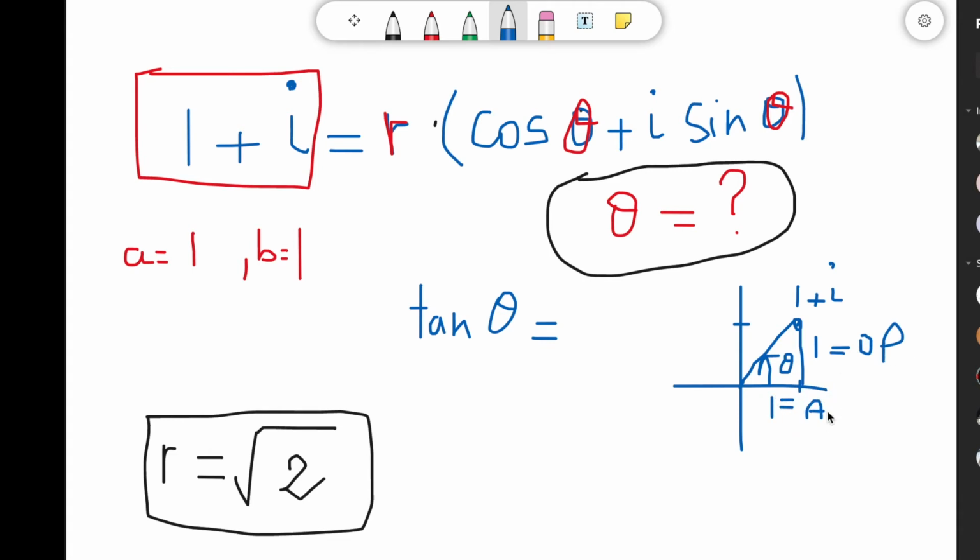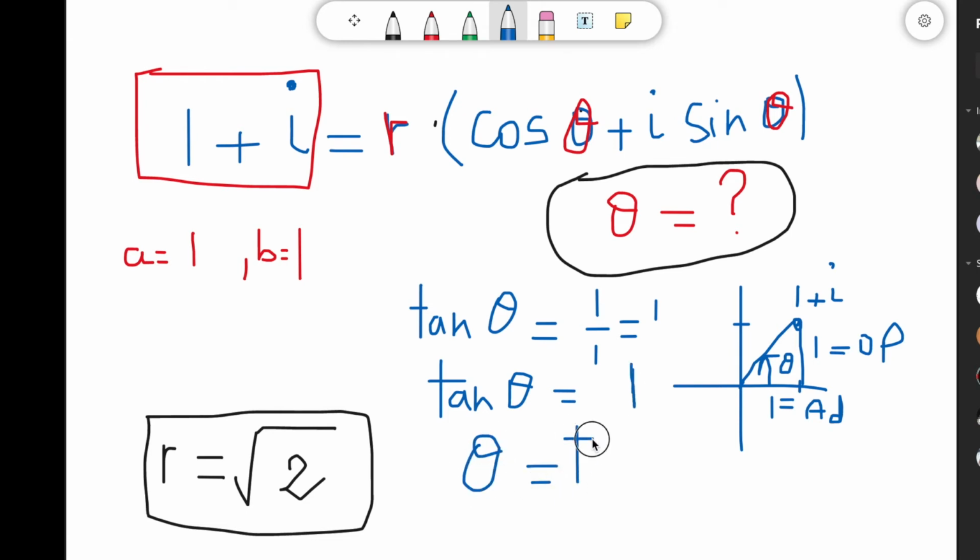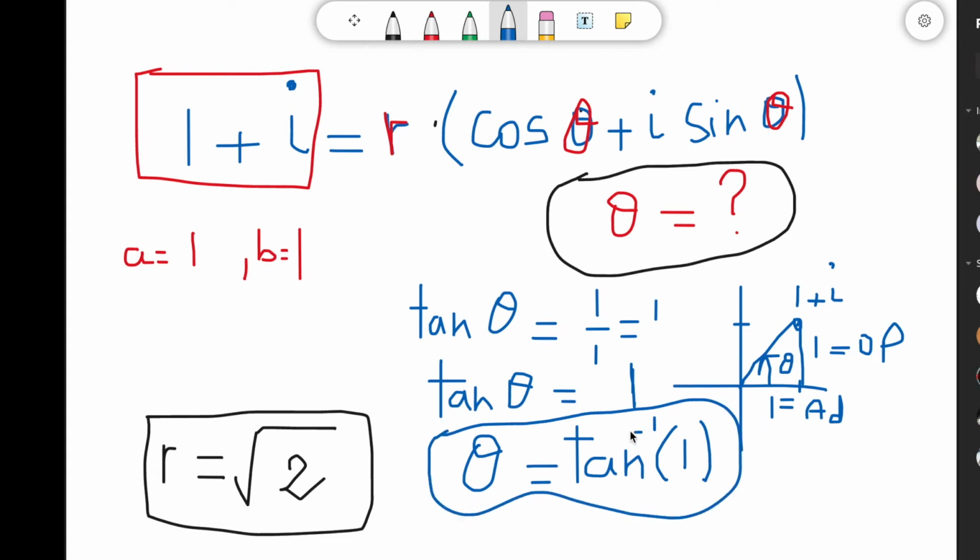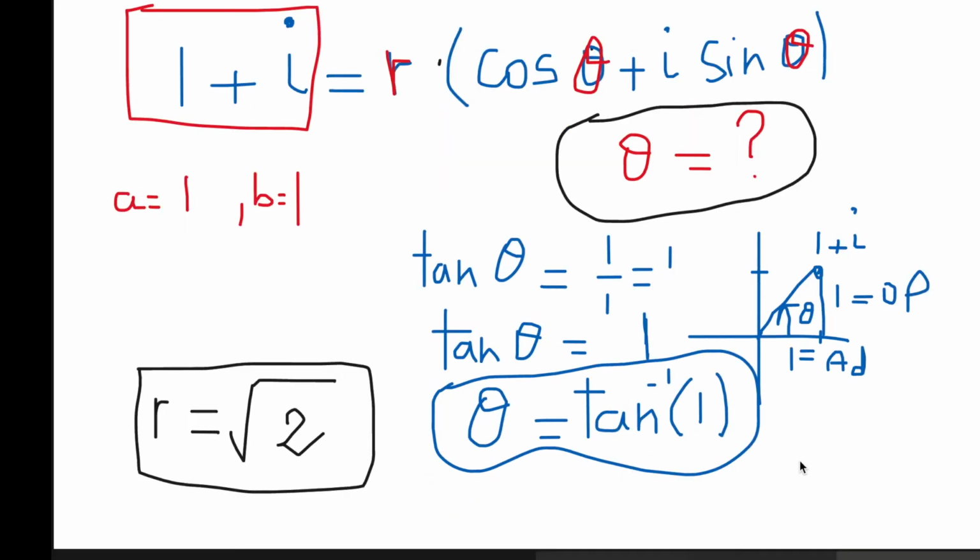As a rule, you can use tangent theta equals b over a. Simplify to get 1, and then solve the equation for theta, tangent theta equals 1. To solve it, just use the inverse function, tan inverse of 1. And your calculator is going to find for you the angle theta equals pi over 4 in this example. So theta is pi over 4, and you're done. You have r and you have theta. So you have your polar form.